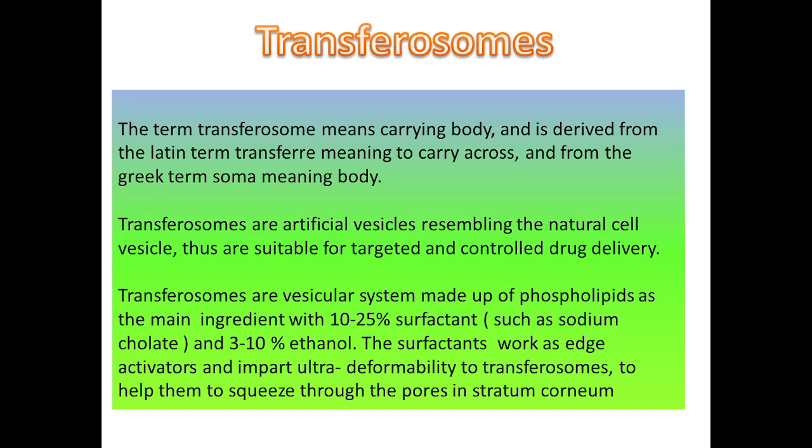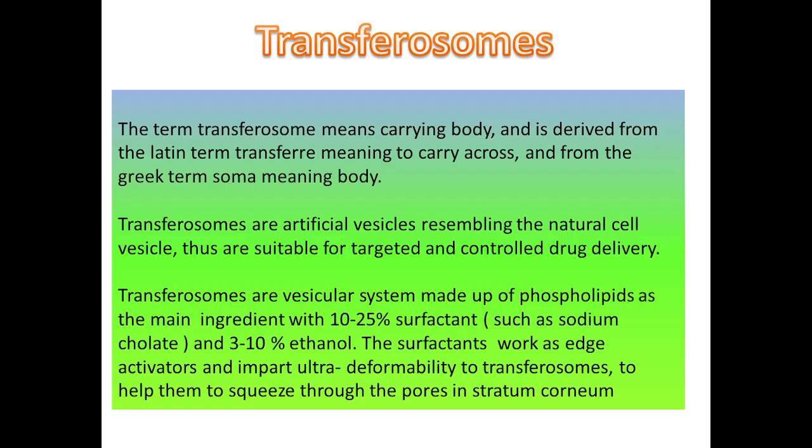Transferosomes are a vesicular system made up of phospholipid as the main ingredient with 10 to 25% surfactant, such as sodium cholate, and 3 to 10% ethanol. The surfactant works as an edge activator.